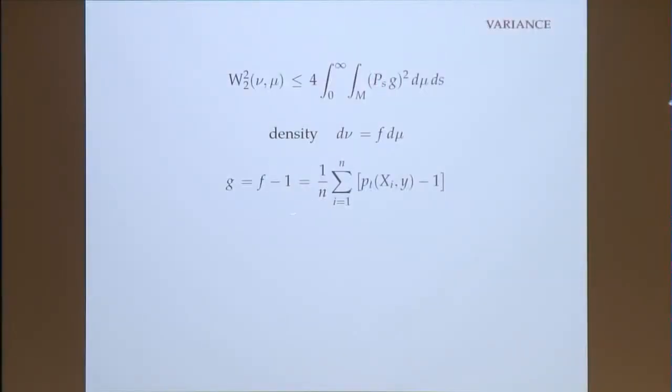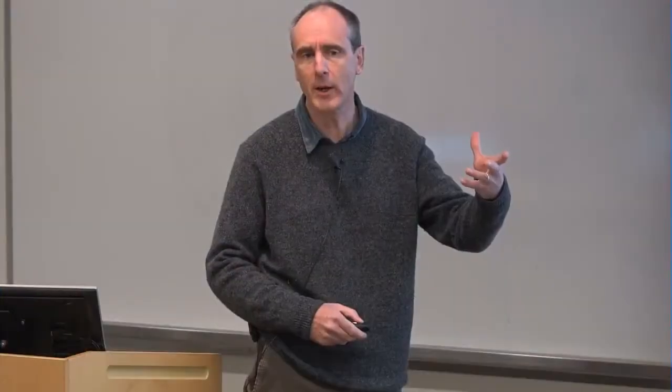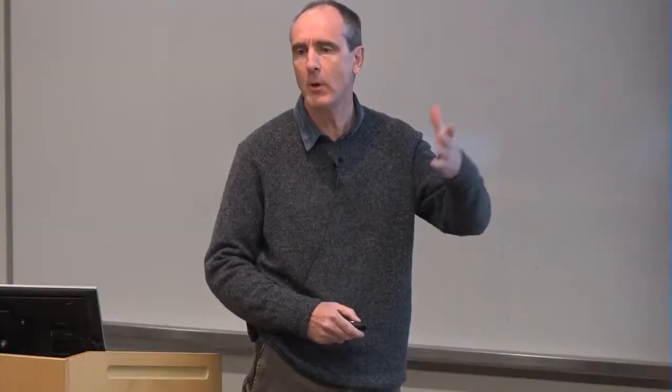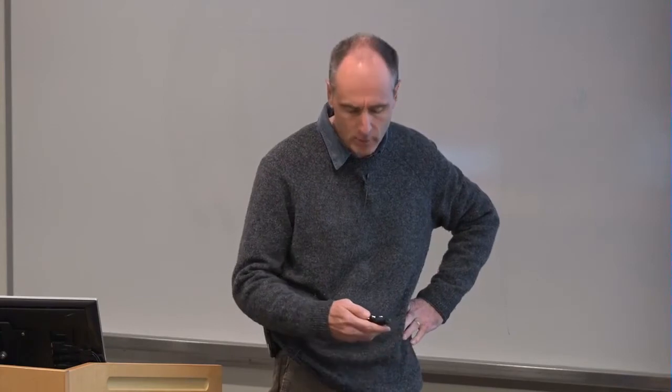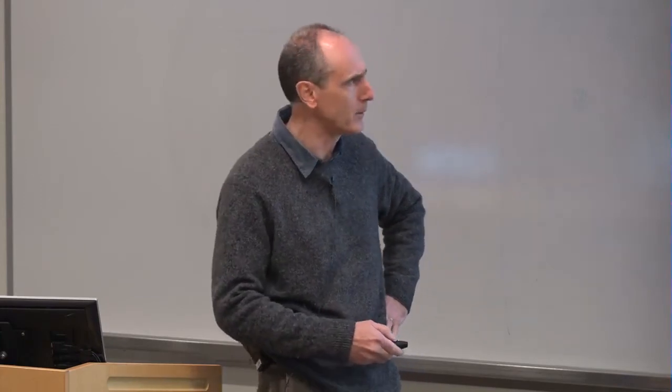And now you may come back to this central limit theorem heuristic. Namely, this G is f minus 1, and f is this density coming from the regularization procedure, the sum of the heat kernels. And the central limit theorem here, we just use it in the form of the computation of a variance. Because at some point we have to take the expectation of the W2.